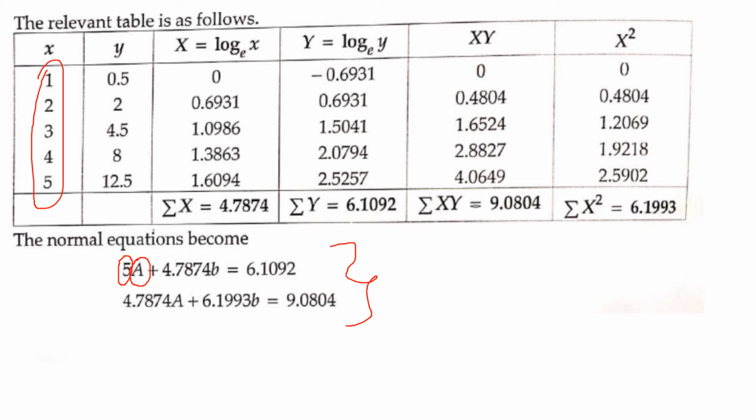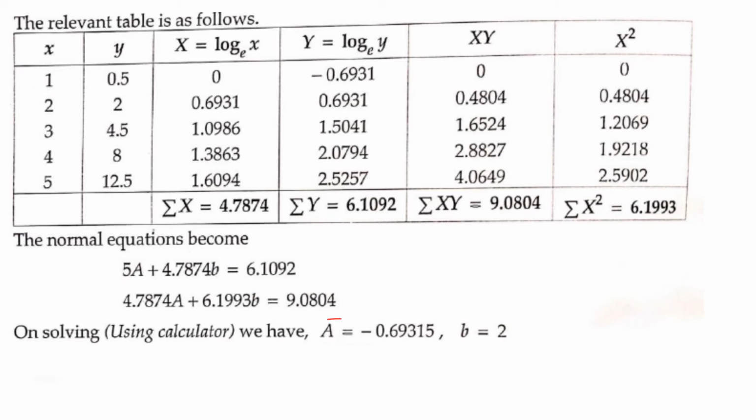Whatever value is displayed in the calculator will be the value for capital A. And if you press the equal to button one more time, you get the small b value. Let us see what are the values of capital A and small b. Yes, capital A is this and small b is this.